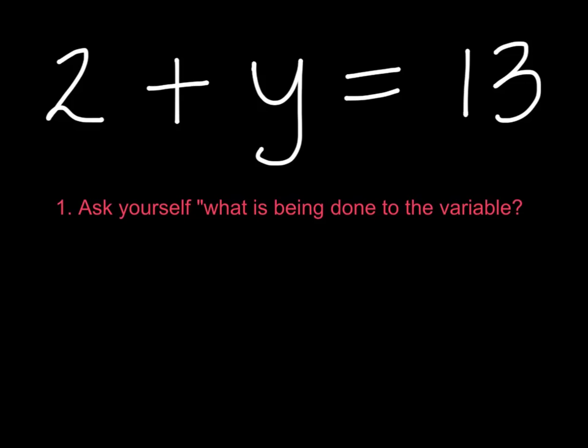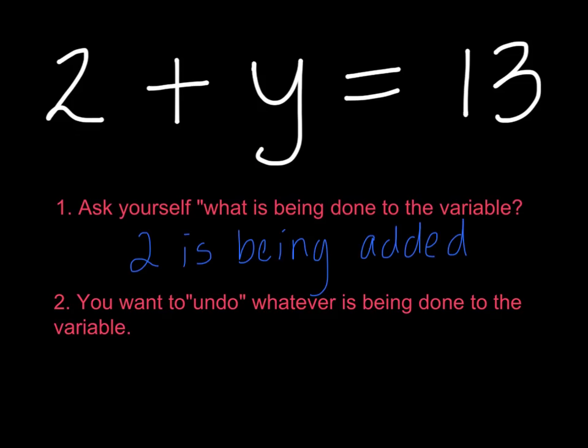So your first step is to ask yourself, what is being done to the variable? So look here and what is being done to it. Well, 2 is being added to y. So what you want to do is undo whatever is being done to the variable. So if 2 is being added, we need to undo the addition.